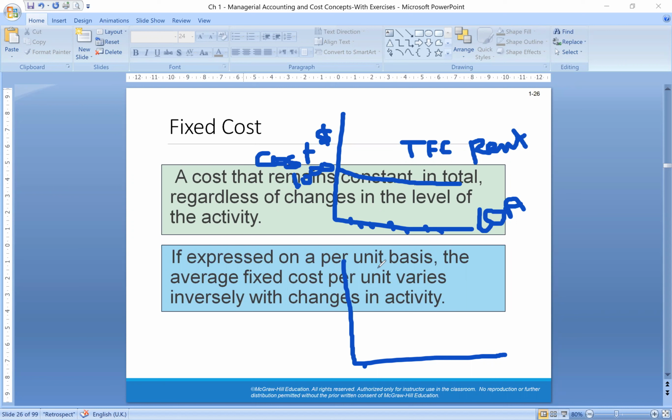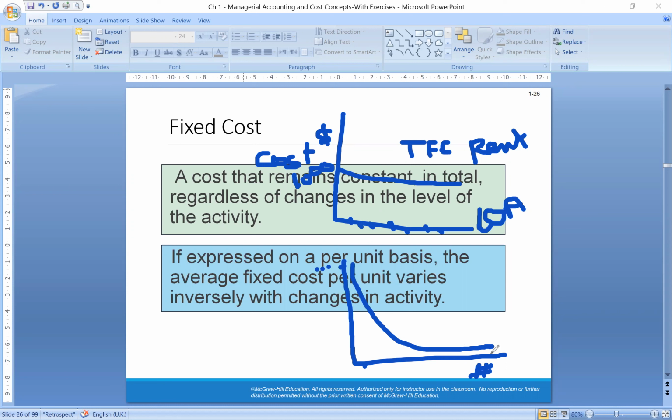Then the per one or per unit costs, or fixed costs, will be inversely related to the number of tables that you are producing. So if we produce one table, look, one table will refer to the $1,000, right?